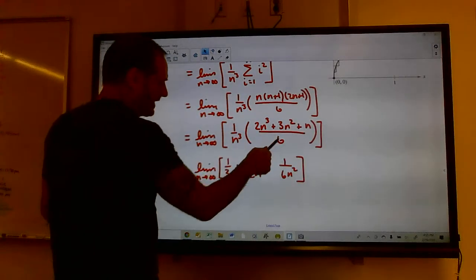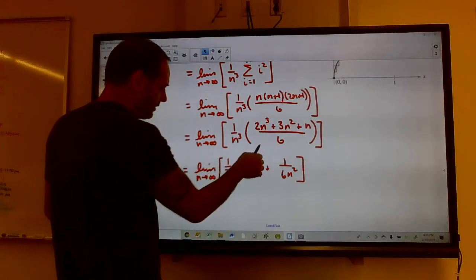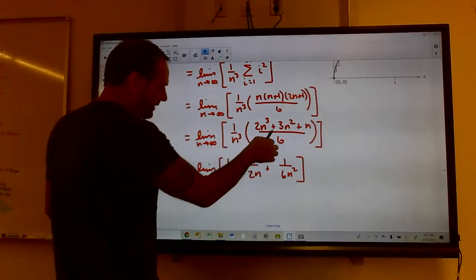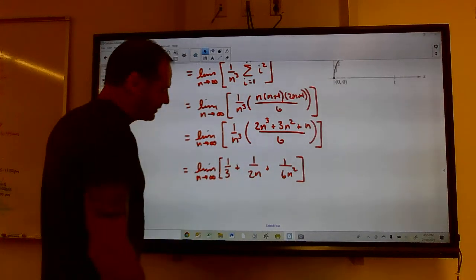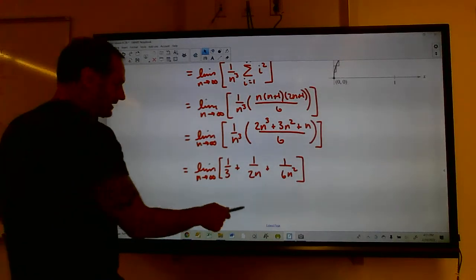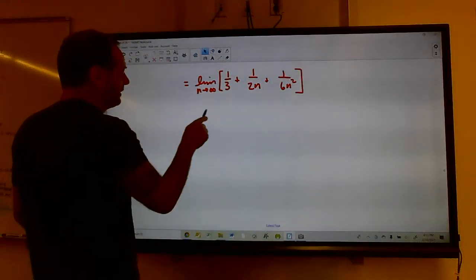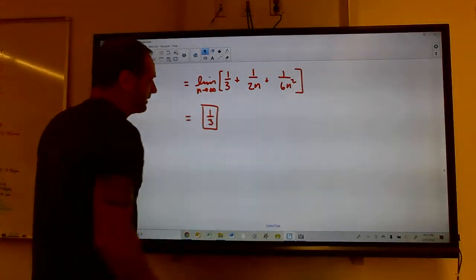And I can divide this out, and I multiply the 1 over n cubed in here, and it becomes 1/3 plus 1 over 2n plus 1 over 6n squared, which, if I take the limit as n goes to infinity of that, this is 1/3, this is 0, and that's 0, so it ends up being 1/3.